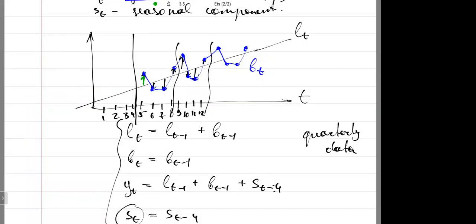Yeah, this arrow is S5. This is the seasonal add-on, and S5 is exactly equal to S9, but it's different from S6, which is the seasonal add-on for the next period. It's not equal to S6, that is equal to S10. Okay? Yes, yes.